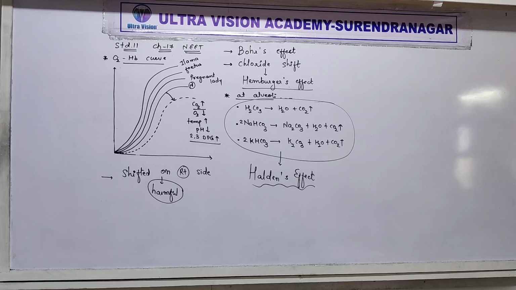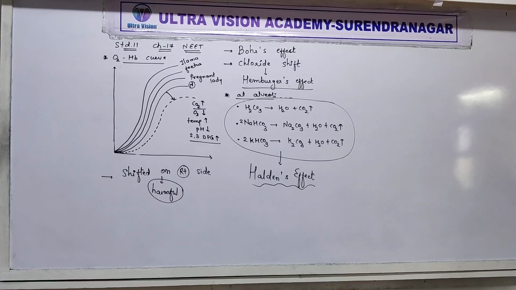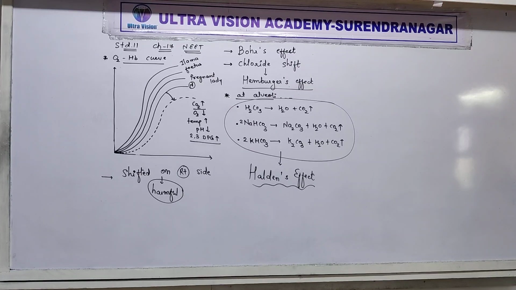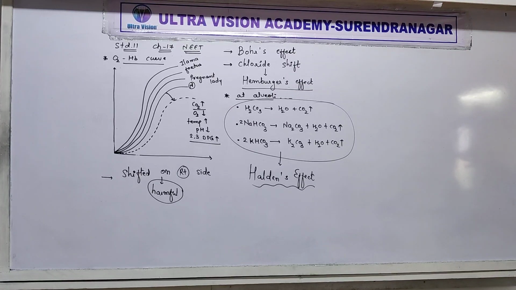But at last this CO2 containing blood reaches the alveoli. At alveoli level, at the end of inspiration, more O2 is there in the alveoli. As a result, oxygen moves here, so oxyhemoglobin formation occurs.